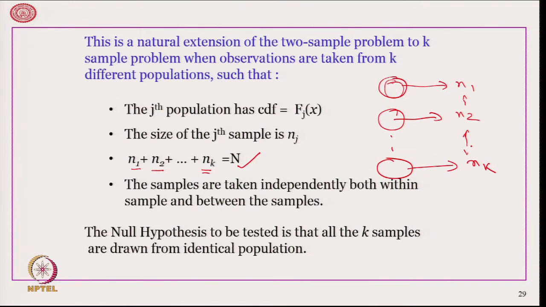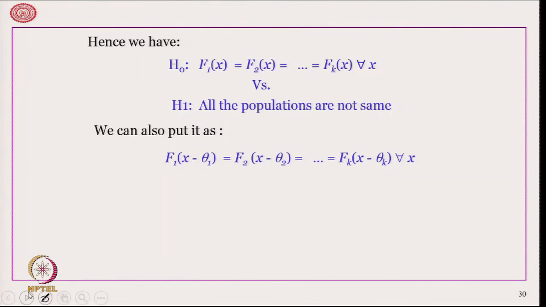That means, we want to check if all of them have the same distribution. Hence, we have H naught: F 1 x is equal to F 2 x is equal to F k x for all x, versus all populations are not the same, that means they do not have the same distribution.